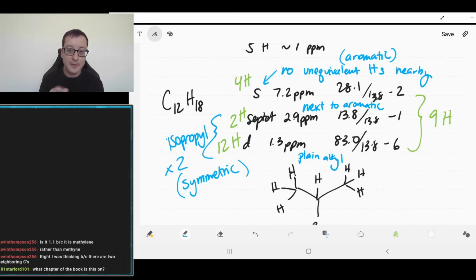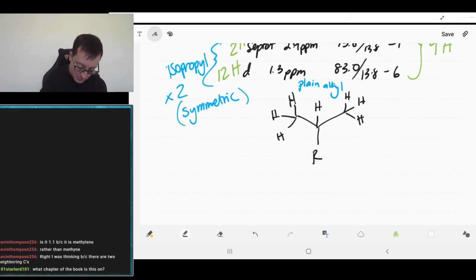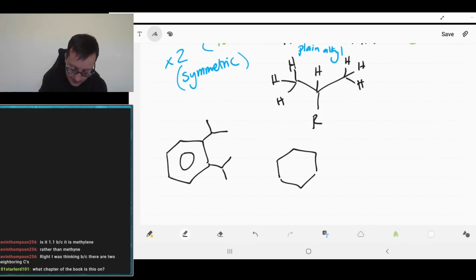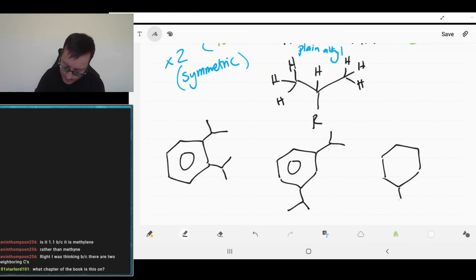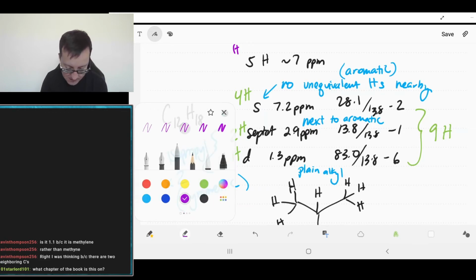And so, with all this information, we know we've got an aromatic with 4 hydrogens, and we've got 2 isopropyl groups, which makes sense. So we have a couple of options that would give us similar values. Now we have to consider the information bits.